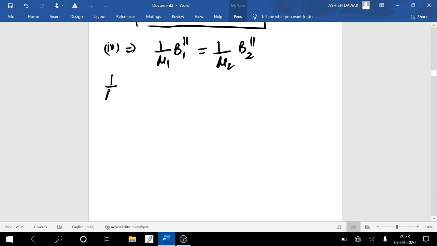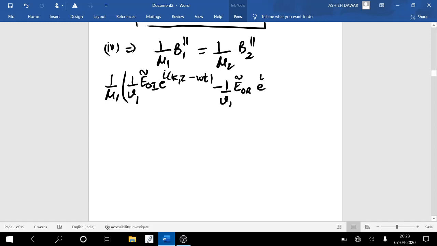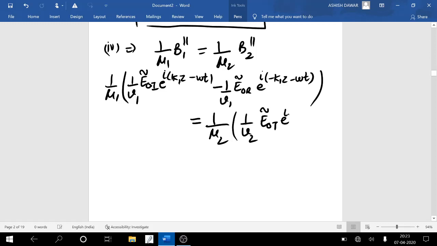So again putting the values, 1 upon V1 E0I exponential iota K1Z minus omega t minus 1 upon V1 E0R exponential iota minus K1Z minus omega t is equal to 1 upon mu2, 1 upon V2 E0t exponential iota K2Z minus omega t.